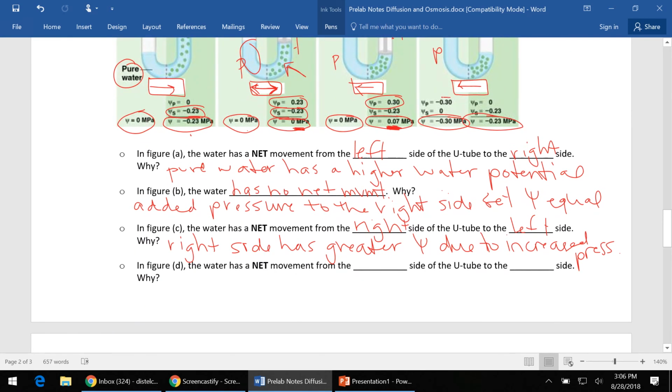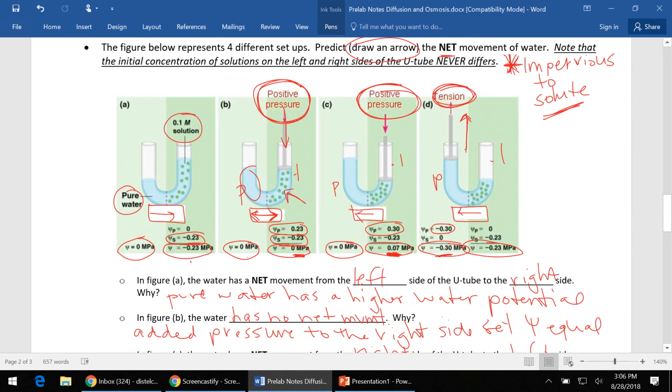And let's see, when you have negative pressure and pure water, that gives you a water potential value of negative 0.3. On the right side, there was no pressure applied. So pressure is 0. The solute is still there, so it's negative 0.23, giving you that solute potential of negative 0.23.